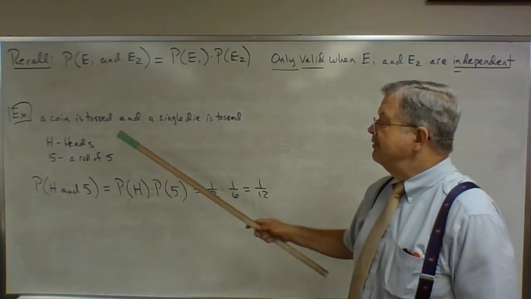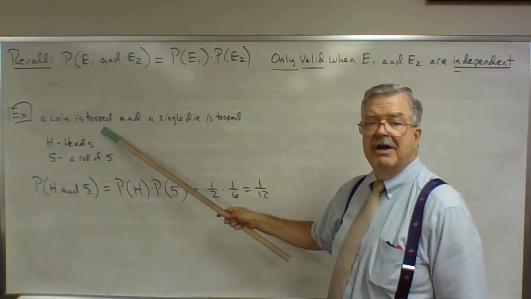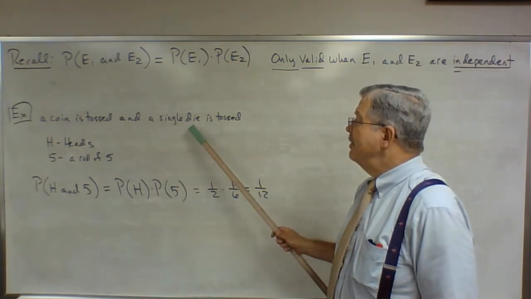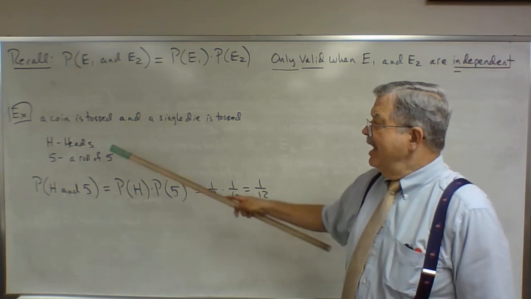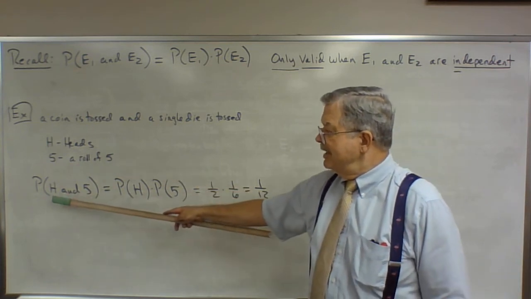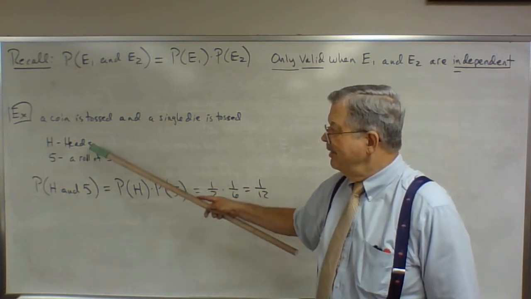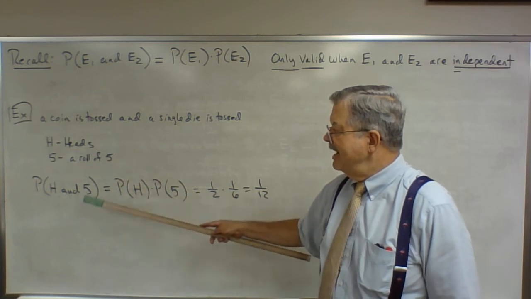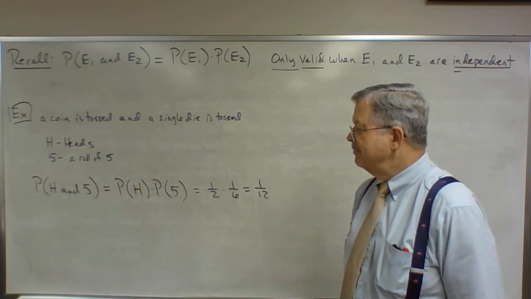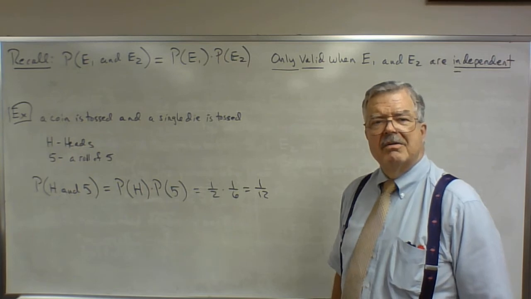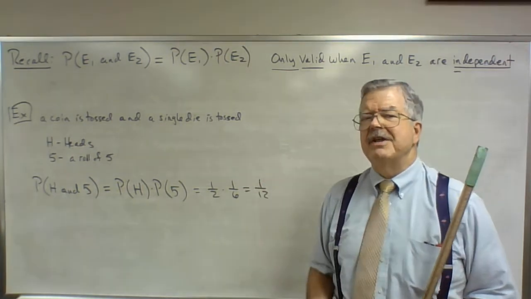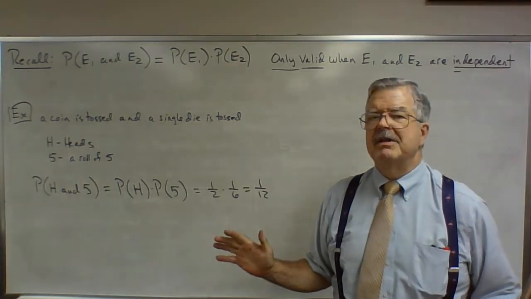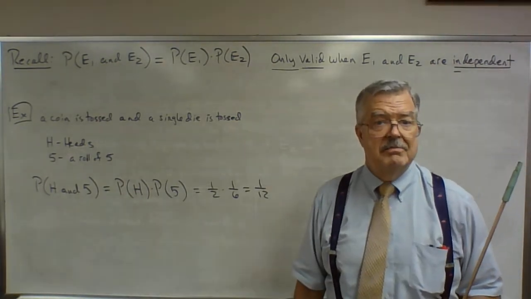For example, the first example was we tossed a coin and we tossed a single die. And we want to know the probability of getting heads on the coin and 5 on the roll of the die. Well, does the outcome of the coin tossing have any effect on the probability of what the roll of the die will be?